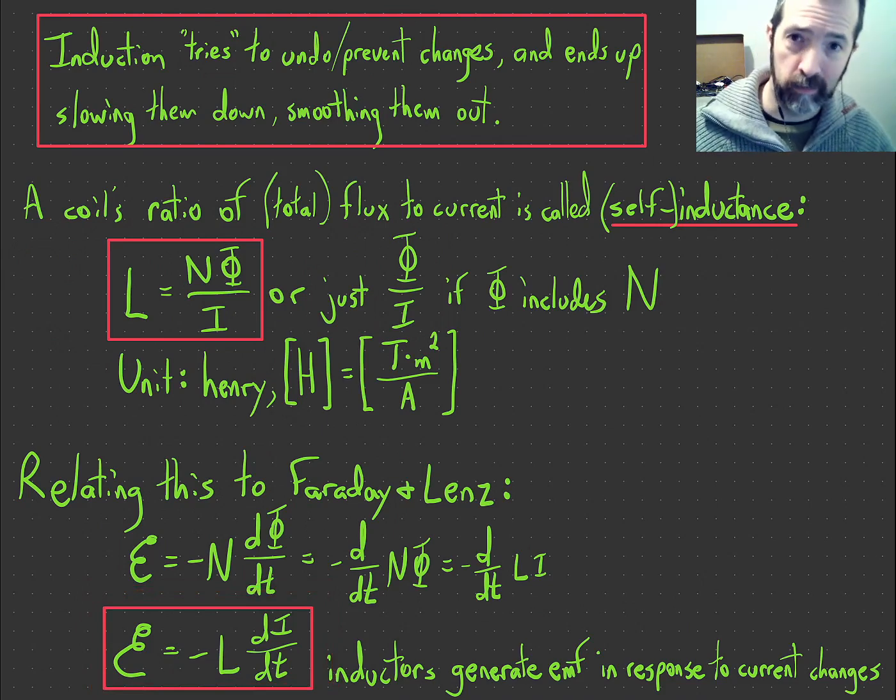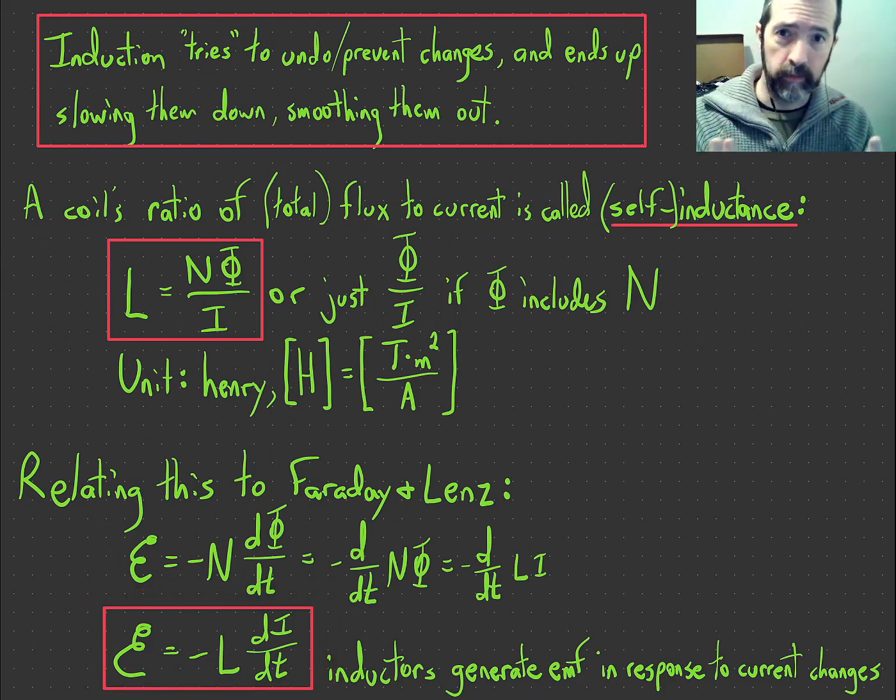L is constant, because L is just a property of the device. So it doesn't have a time derivative. But I, the current, can have a time derivative if you're trying to change the current.